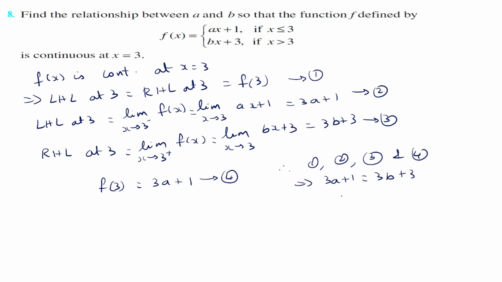So from this we have 3a minus 3b equal to 2, or a minus b equal to 2 by 3. So finally we have a is equal to b plus 2 by 3. So this is the relationship between a and b. From a minus b equal to 2 by 3, we get a equal to b plus 2 by 3.